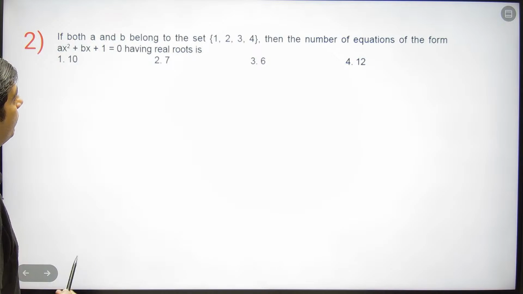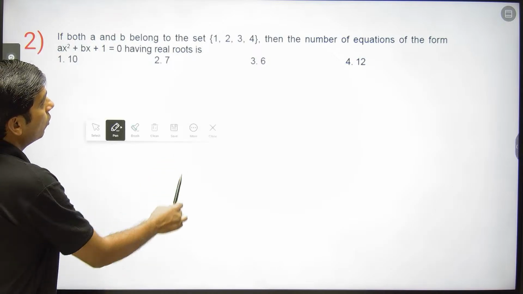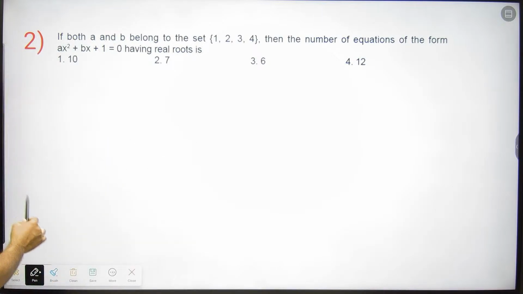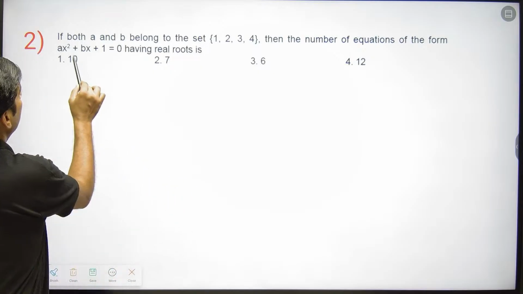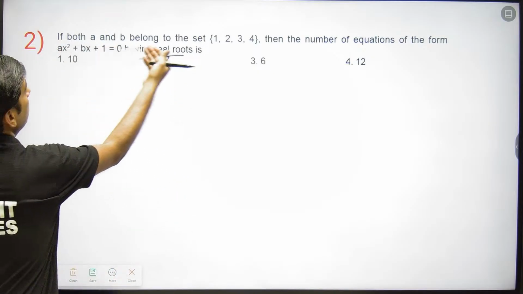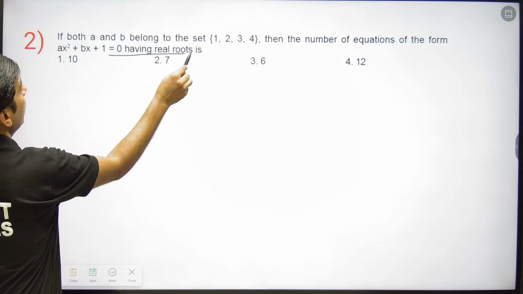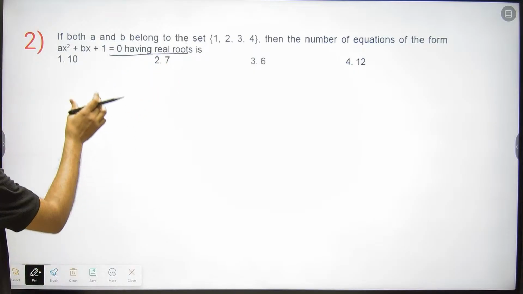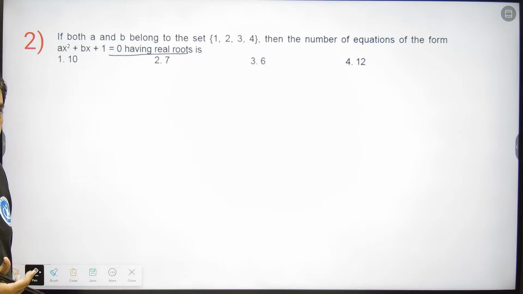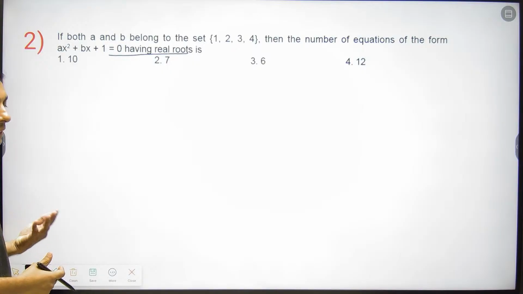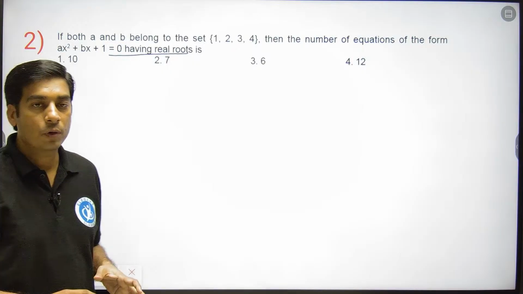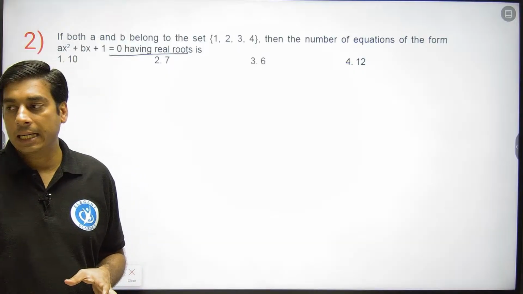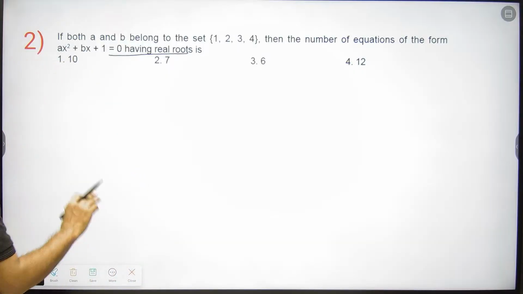If both a and b belong to the set {1, 2, 3, 4}, then find the number of equations of the form having real roots. So this equation must have real roots. If the equation has real roots, then its discriminant, b square minus 4ac, must be greater than or equal to 0.